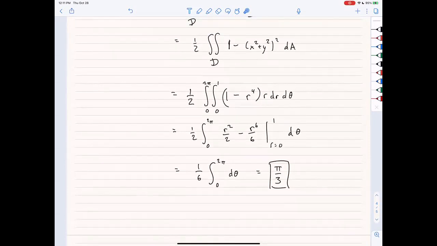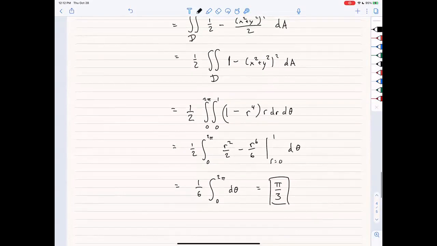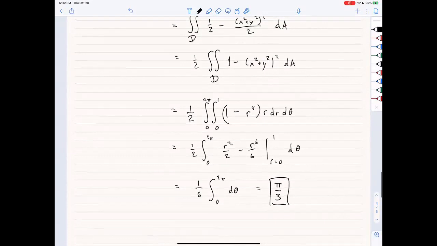Okay, so this is basically it for triple integrals, and in a next lecture we'll start to see that we can do integrals using other coordinate systems, and maybe do some fancier triple integrals than we did today.